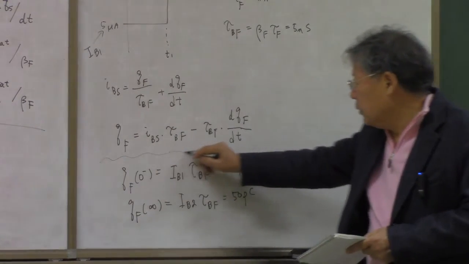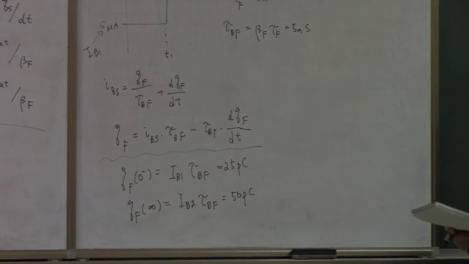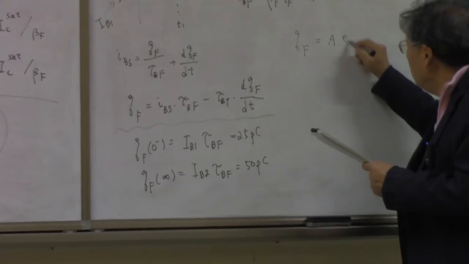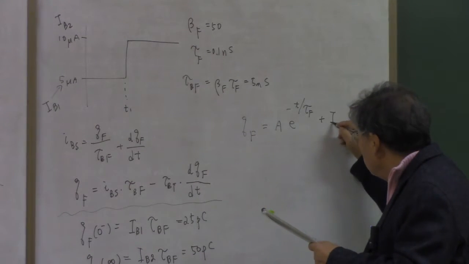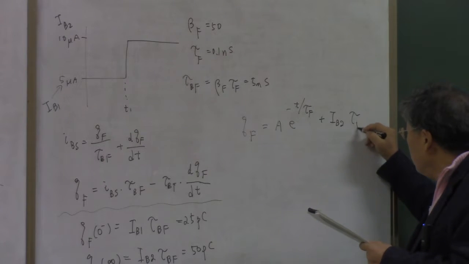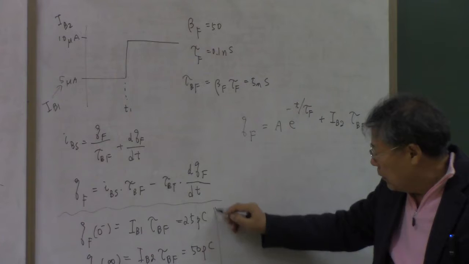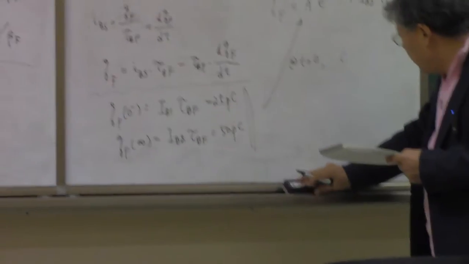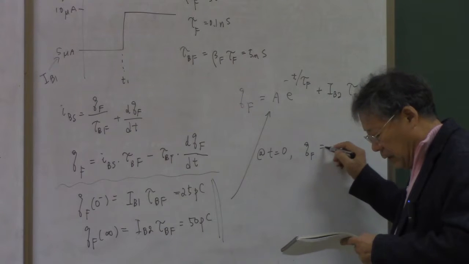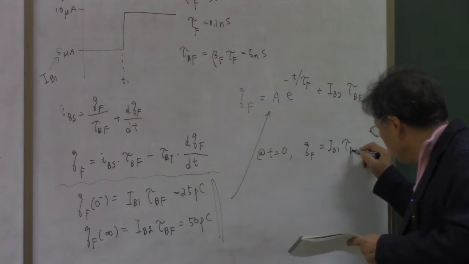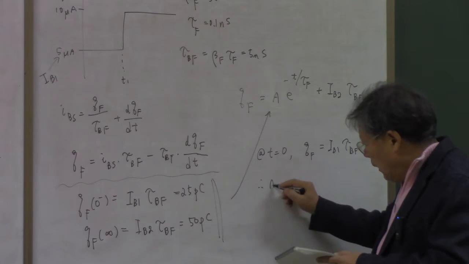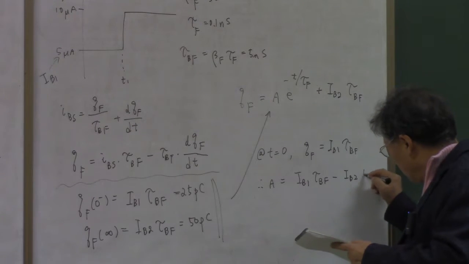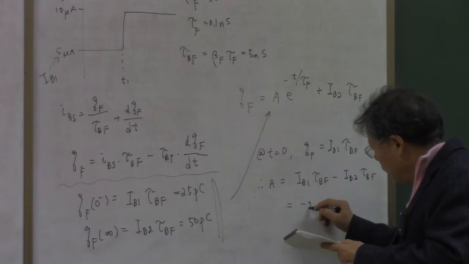And you solve this equation, and the QF now, the general solution is going to be A e to the minus t over tau BF plus IB2 tau BF, and then you apply the boundary condition at t equal to 0, then your QF is IB1 tau BF, so that A is going to be IB1 tau BF minus IB2 tau BF, which is minus 25 picocoulombs.